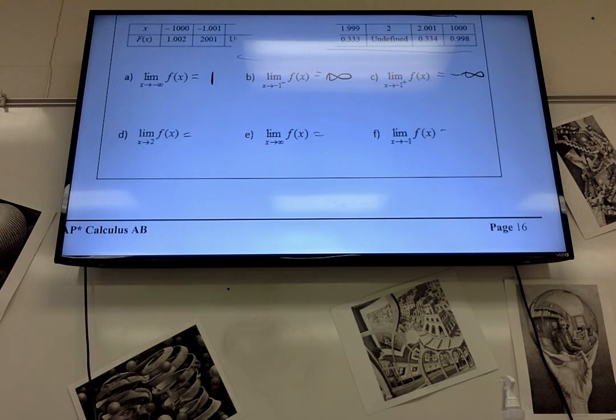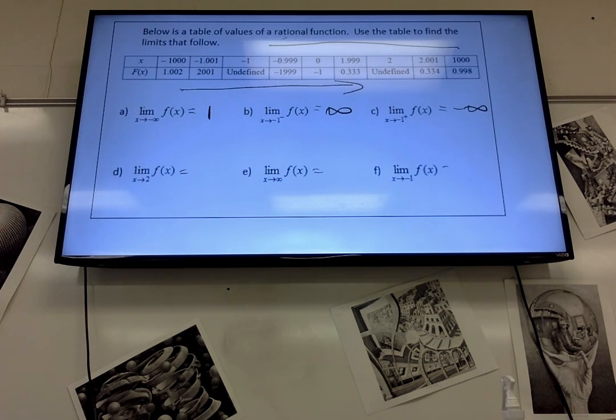Okay, the next one. The limit as x approaches 2. So that means I have to approach that 2 from both sides. Now it says it's undefined, but look at what's happening before it.